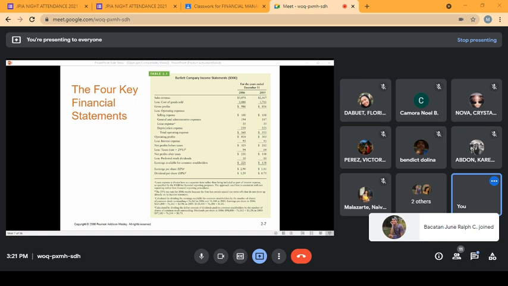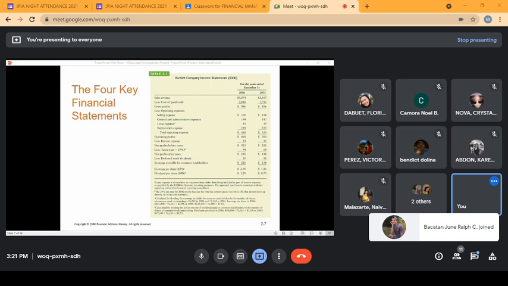The purpose of interpreting is to assess the firm's financial condition and performance. So meaning, as financial managers, we do not just calculate ratios. We also interpret the ratio.